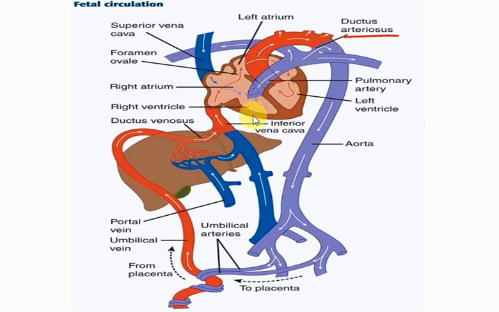But if it happens that these connections don't close, then they may produce different pathologies. Like if this foramen ovale doesn't close, then there is a connection between the right and left atrium, due to which there is a mixing of blood, and it is a congenital heart defect, which we call ASD, or atrial septal defect.